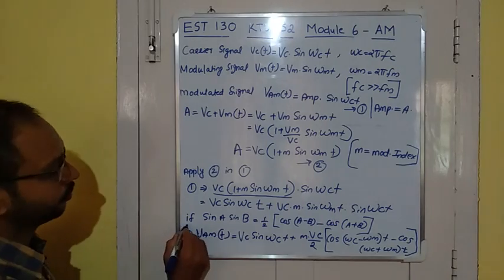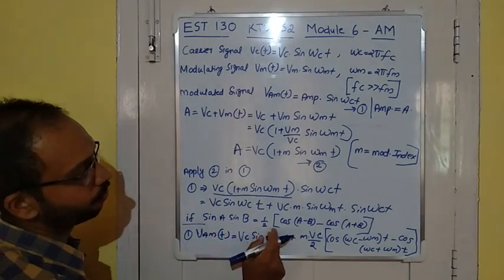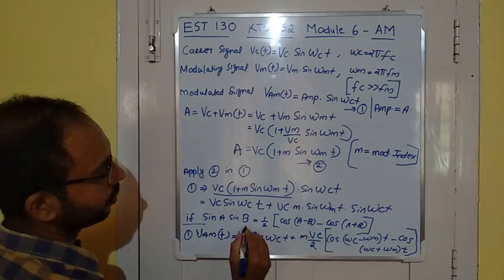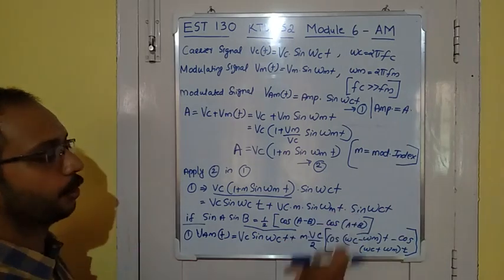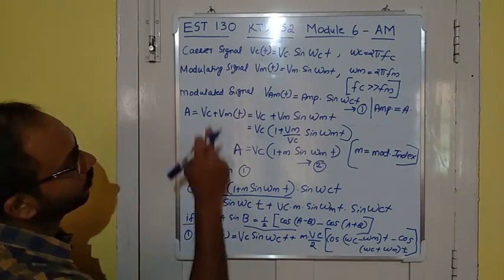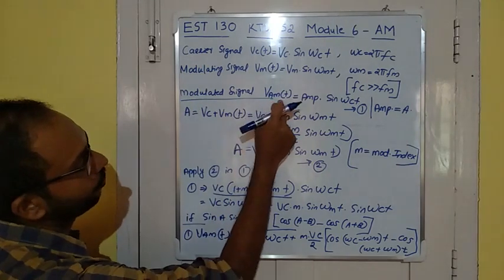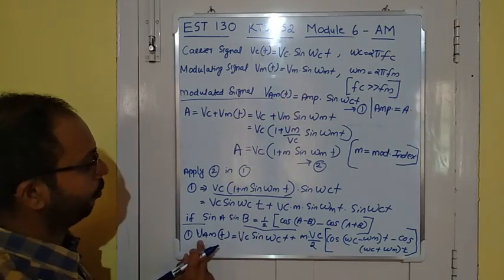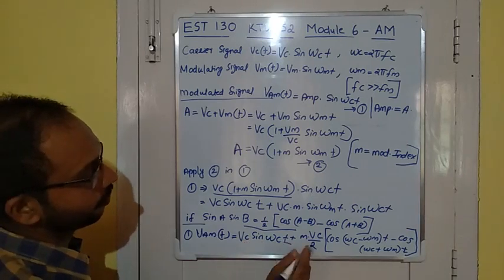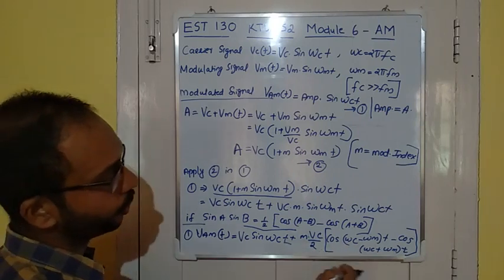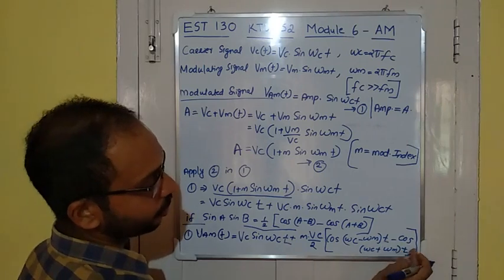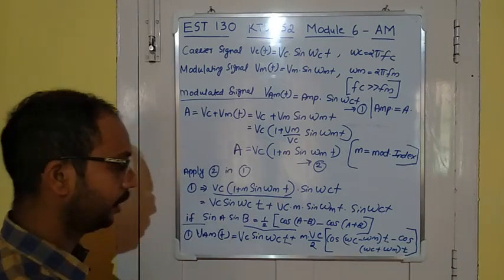So we know that sin A into sin B is equal to half of cos (A minus B) minus cos (A plus B). So apply this equation in this equation, we will get the amplitude of the modulated signal Vam of t as: Vam of t is equal to Vc sin omega ct plus m into Vc by 2 into cos (omega c minus omega m) t minus cos (omega c plus omega m) t.